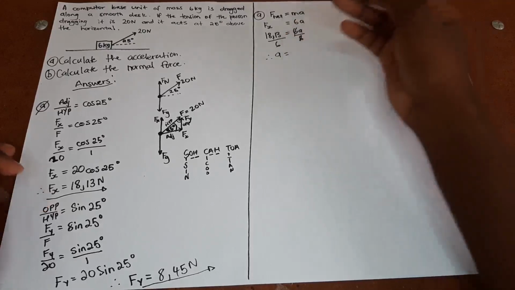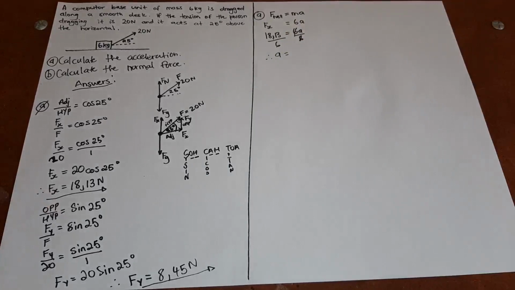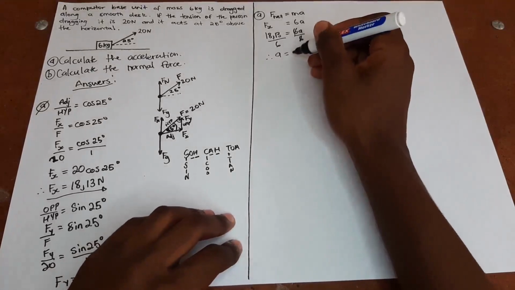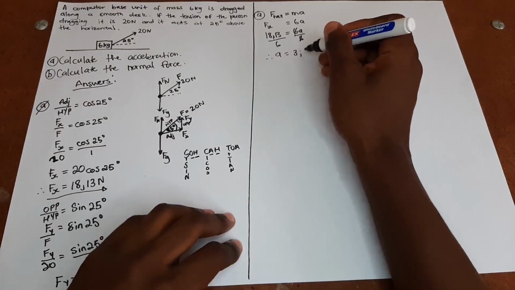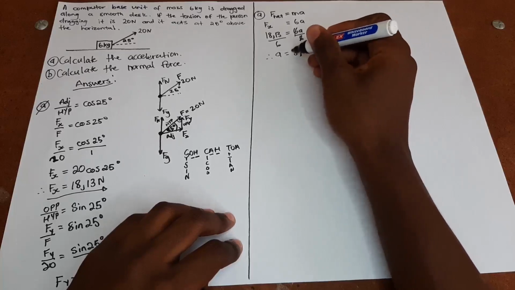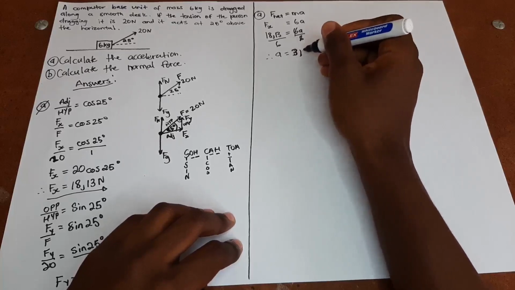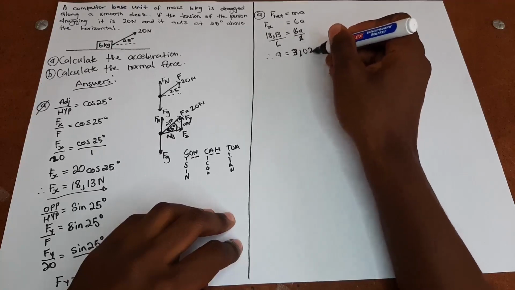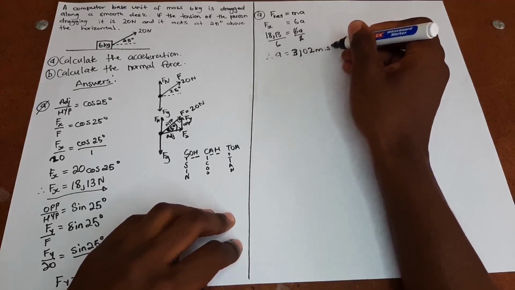Therefore, our acceleration is equal to 18,13 divided by 6. That gives us 3,02 meters per second squared.